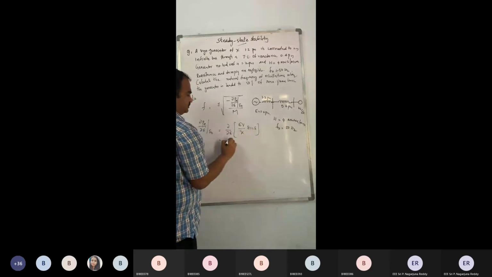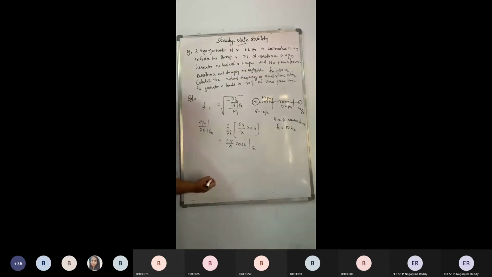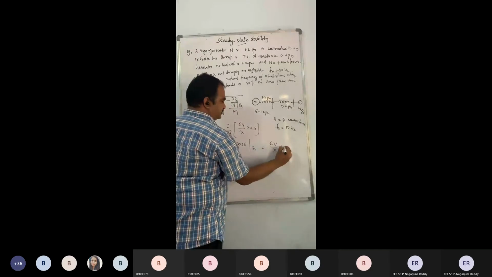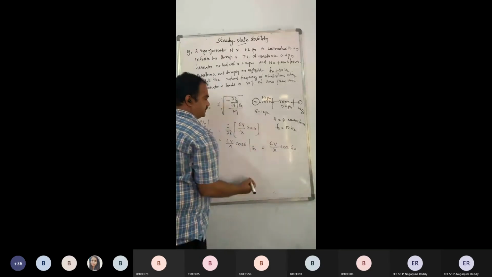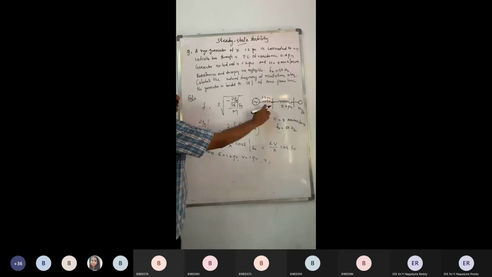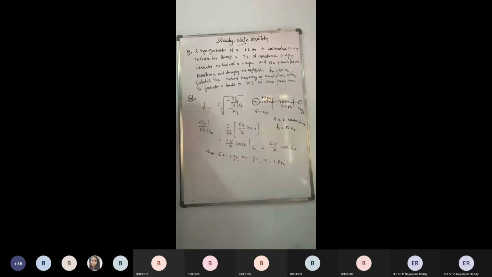So this will become EV by X cos delta at delta naught. See here the values: E is equal to 1.2 per unit, V is equal to 1 per unit, X is equal to the combination of these two, it is 1.8 per unit.